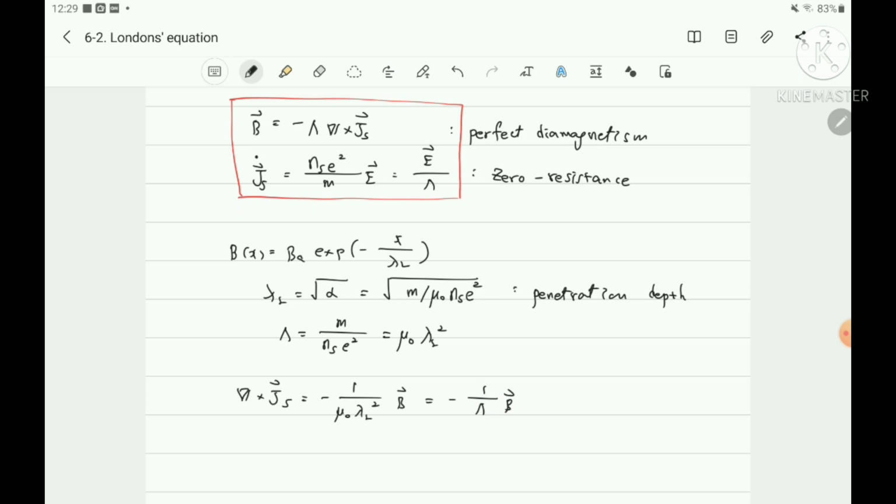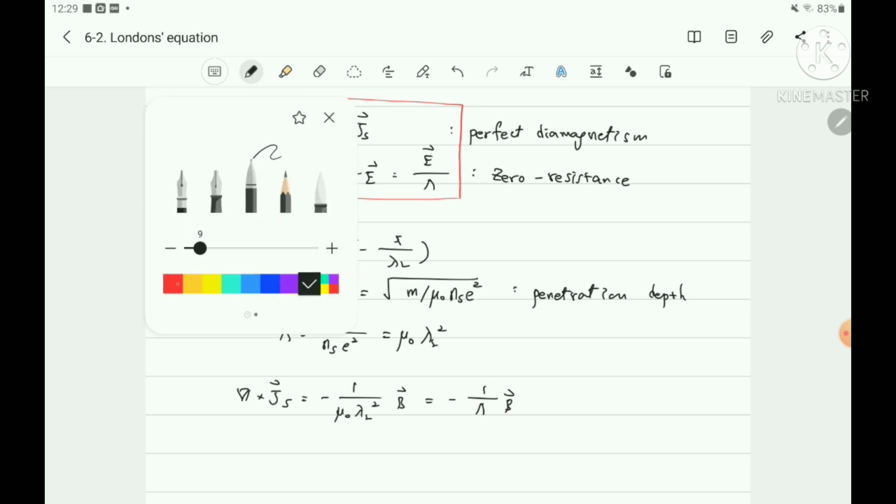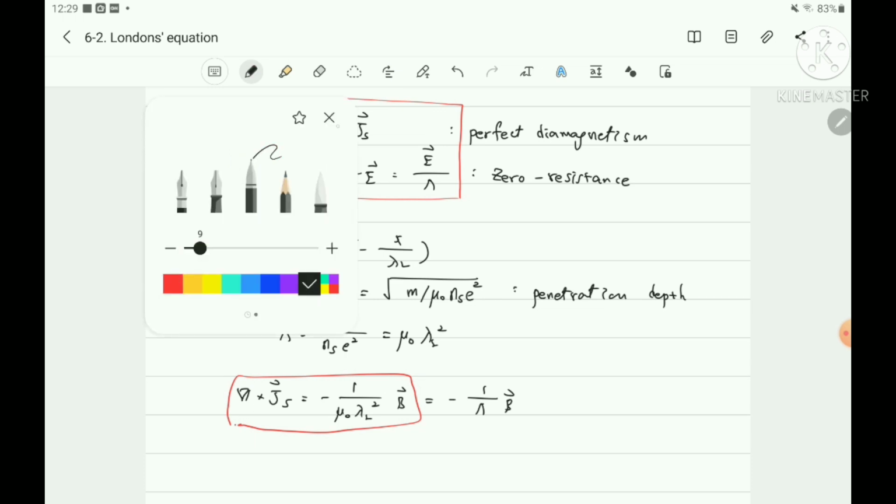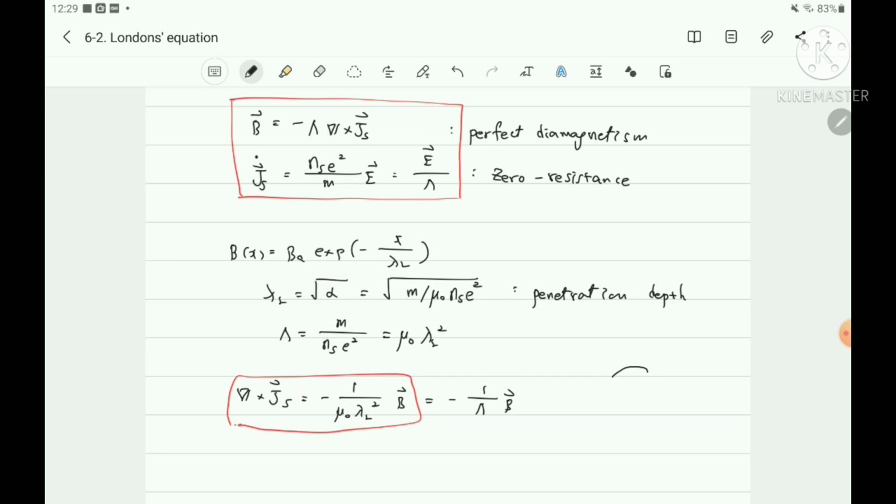Anyway, this equation says that curl Js means a rotation of super electrons.